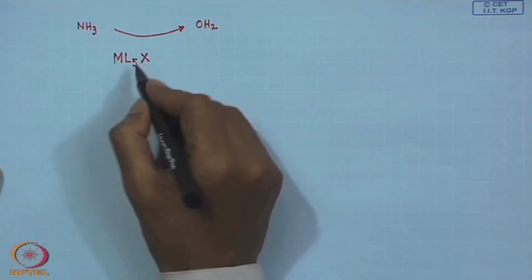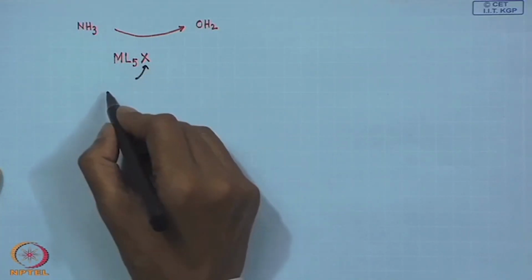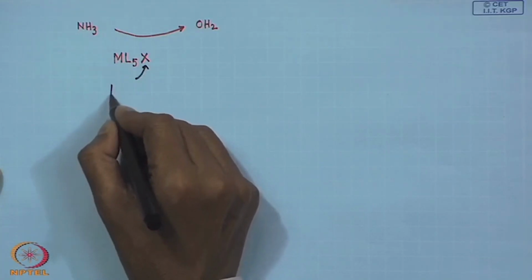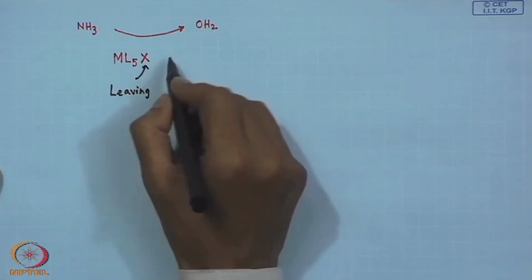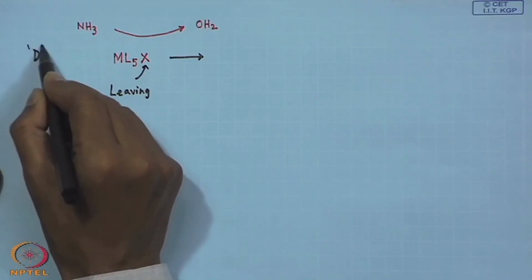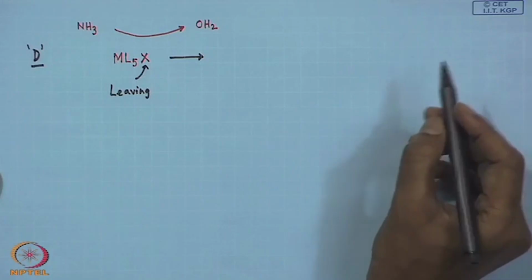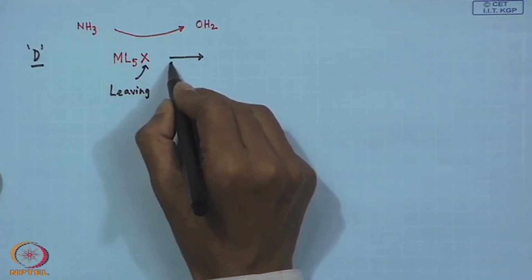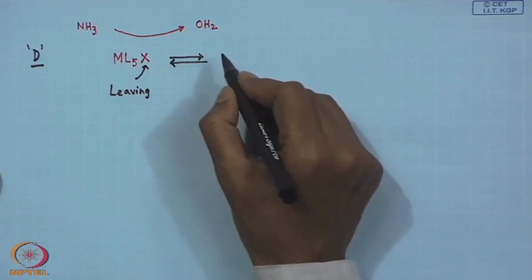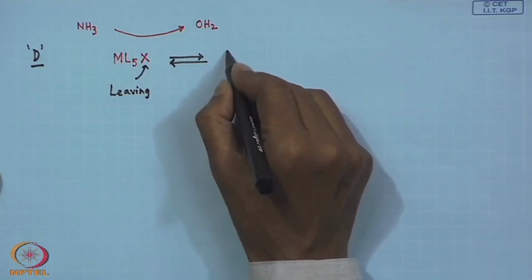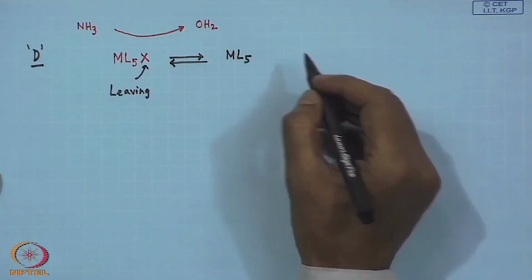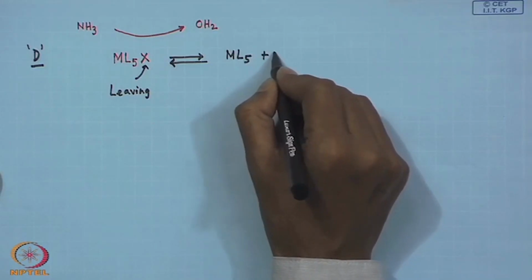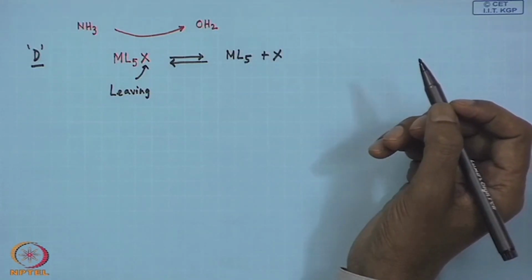So, LX can leave the system, and this mechanism is dissociative in nature, that is, the mechanism is D. We can have two ways for this dissociation, where we get ML5, where the L are spectator ligands and X dissociates completely from the system.